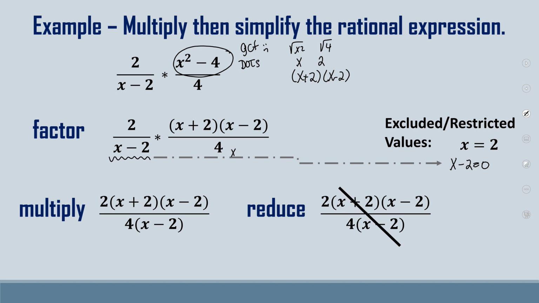Okay. And then after we reduce that x minus 2, we also can reduce the 2 and the 4. 2 divided by 2 is 1, and 4 divided by 2 is 2.